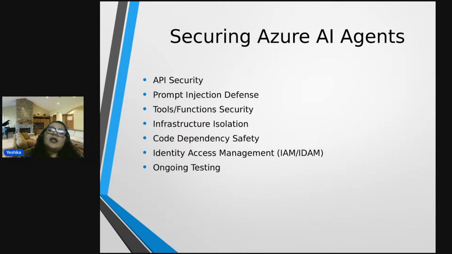And then identity access management comes with the subscription level that you have. It has multiple resources as well as hub information, so what privileges one resource or hub has should be managed through this role management. And ongoing testing, as we talked about, testing over your code or your penetration testing for your resources is one of the ways you can make your AI agents secure.